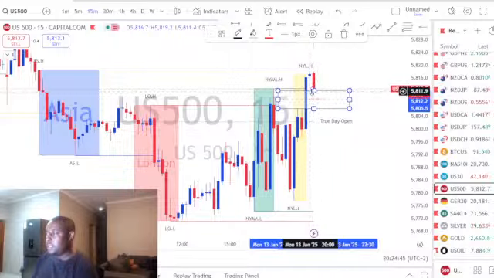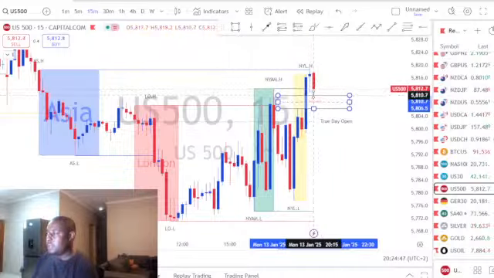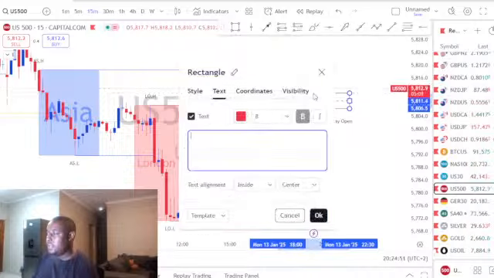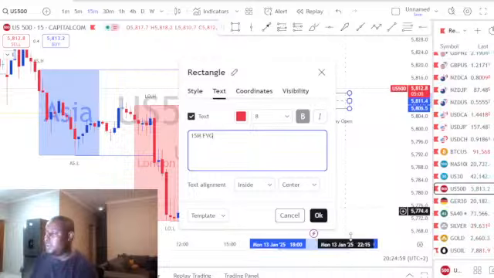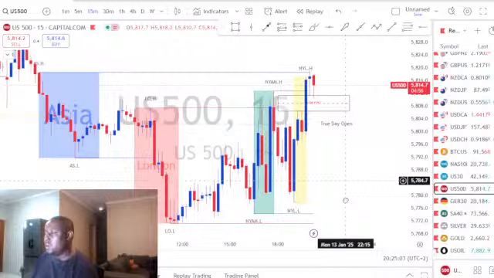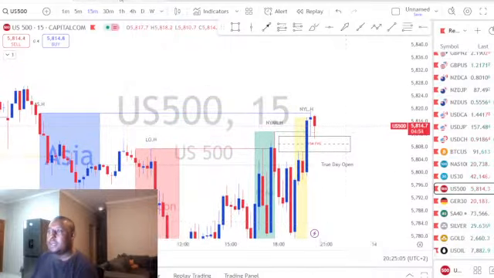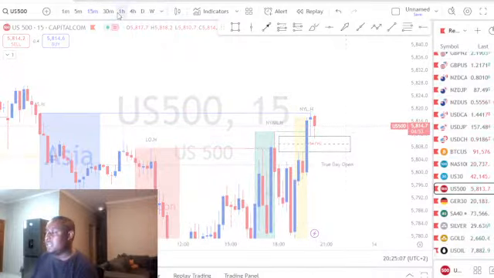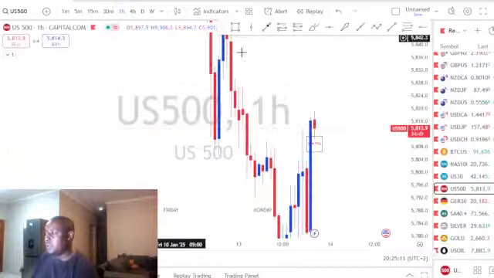So look at that. There's a clear 15 minutes fair value gap here on S&P 500, even though Nasdaq didn't give us that, but I'll be happy to still go along as well.